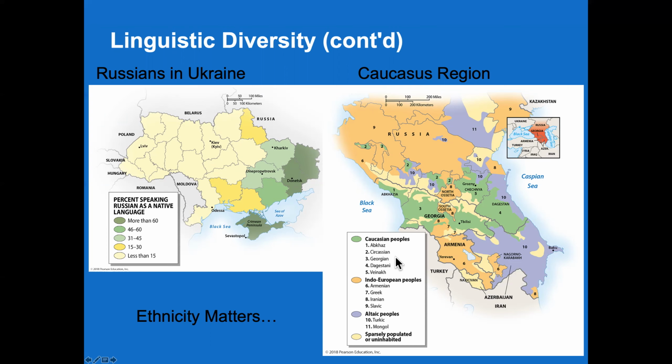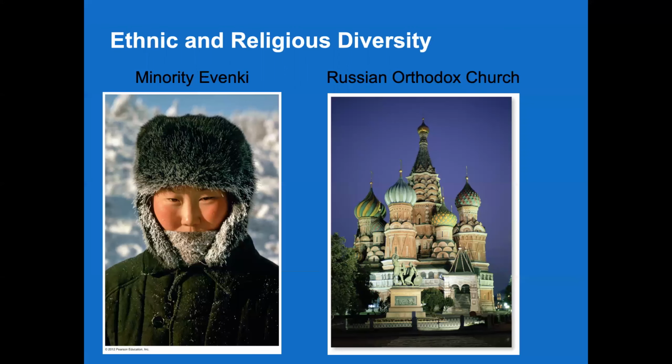Okay? So ethnicity matters, frankly. That's something that has to be viewed as a function of how complex the patchwork is. So here's the idea of religious and ethnic diversity in the region. The big church in Russia is the Russian Eastern Orthodox Church.